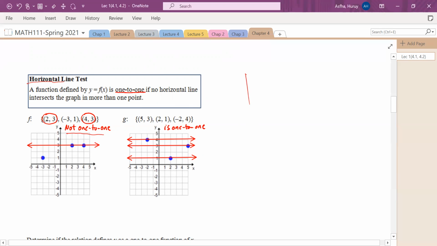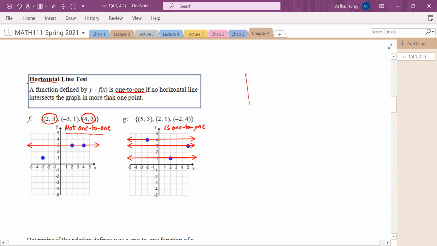And if we look at this one, you can try whatever horizontal line you want. You can never touch any two of these points, so each line will touch at most one point.